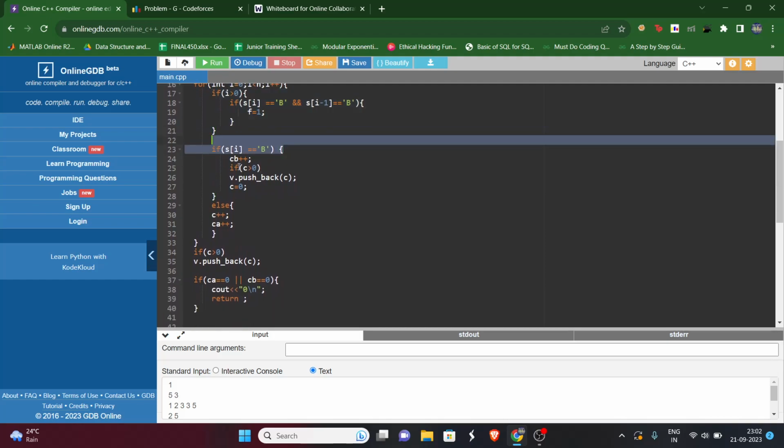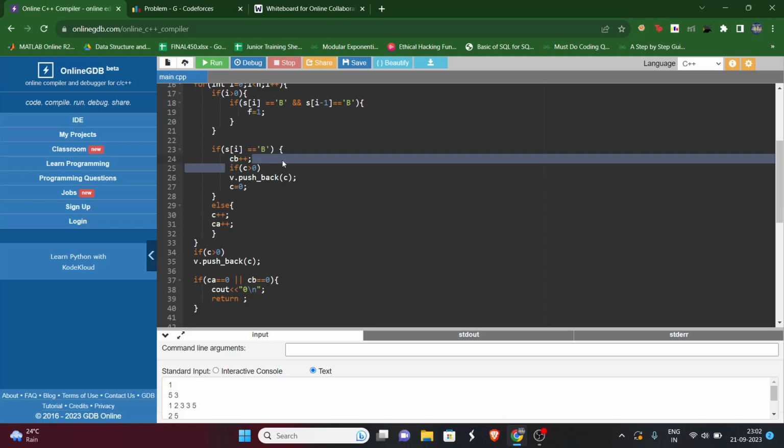Now if S of I equals B, then we increase the count of B by 1. And if C is greater than 0, and remember C was keeping the size of the group, that means previously we were at A and now we have come to B. In that scenario we push that size to V and mark C as 0.